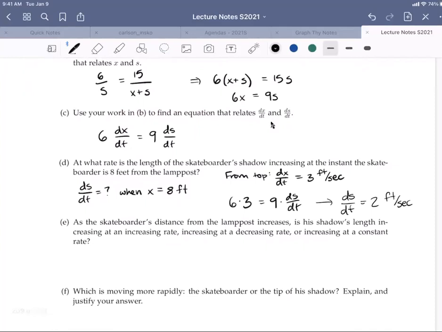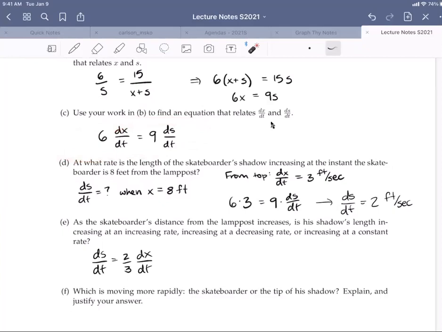Part E: as the skateboarder's distance from the lamppost increases, is his shadow's length increasing at an increasing rate, increasing at a decreasing rate, or increasing at a constant rate? We can compare that ds/dt is equal to 2/3 dx/dt. Again, this is coming from this formula.